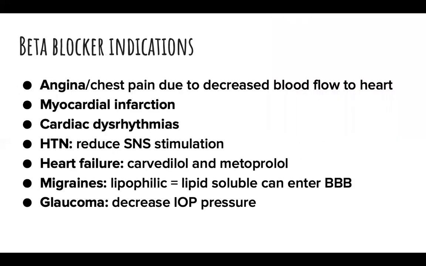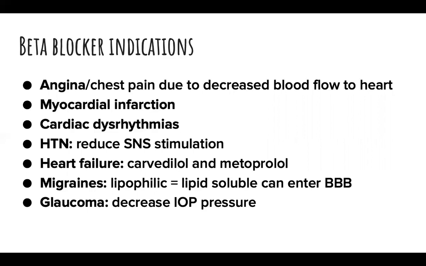So we have a lot of different indications for beta blockers. They're good medications. So angina or chest pain, we can treat. We're going to get more blood flow through the heart. We're going to decrease the need for oxygen blood in the heart. Beta blockers, when given when somebody's having a myocardial infarction or a heart attack, actually decreases mortality.